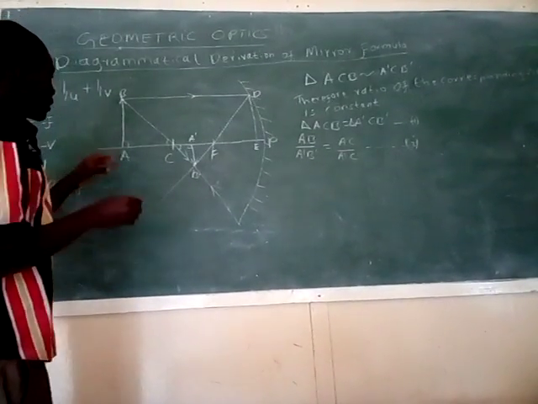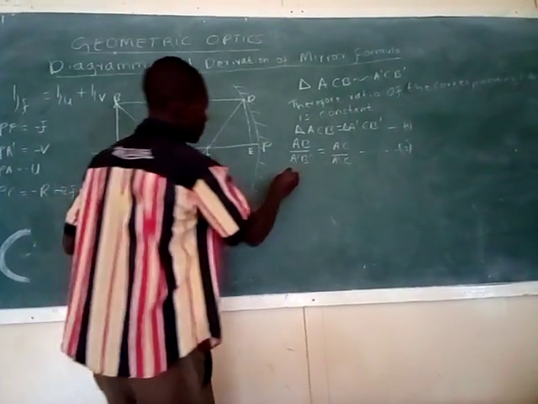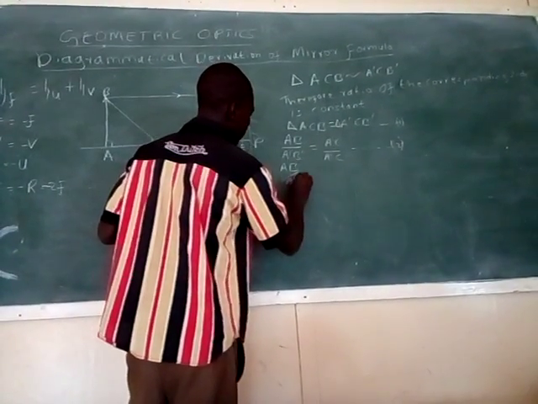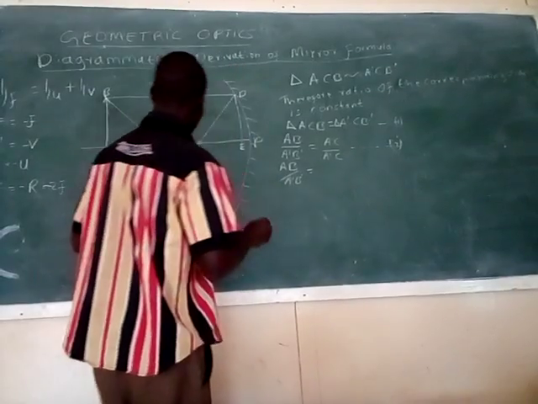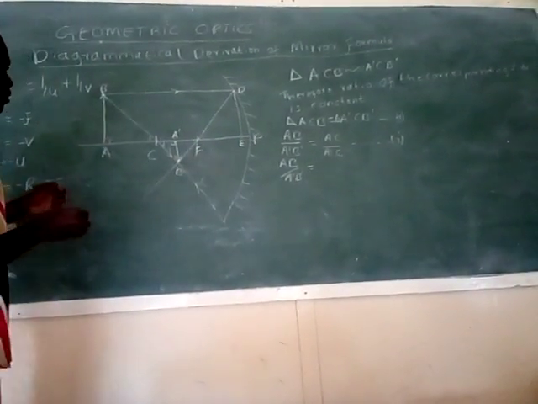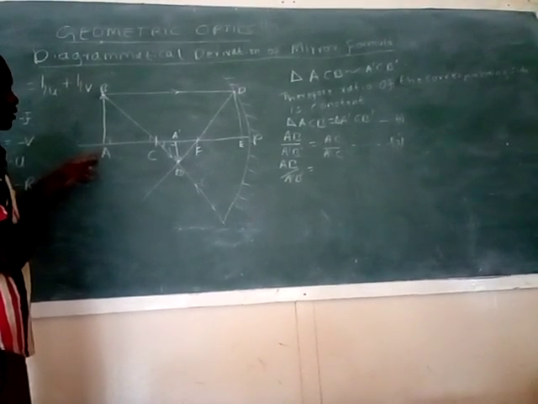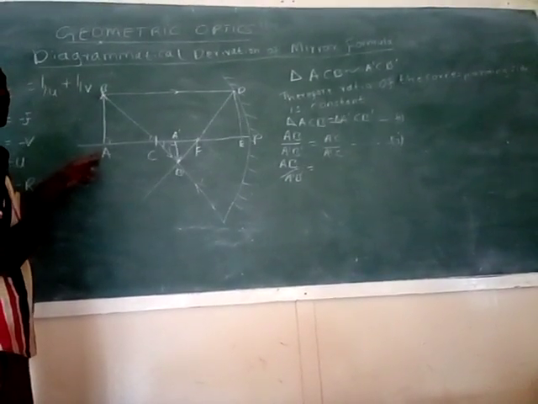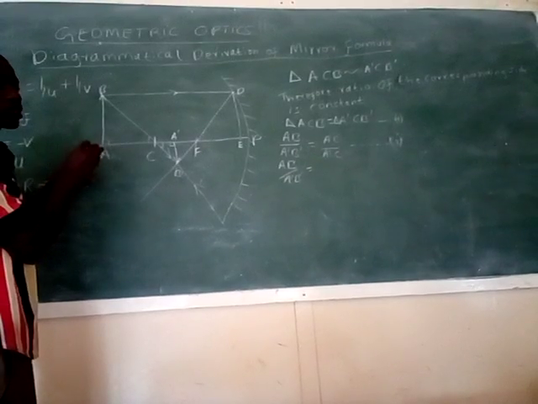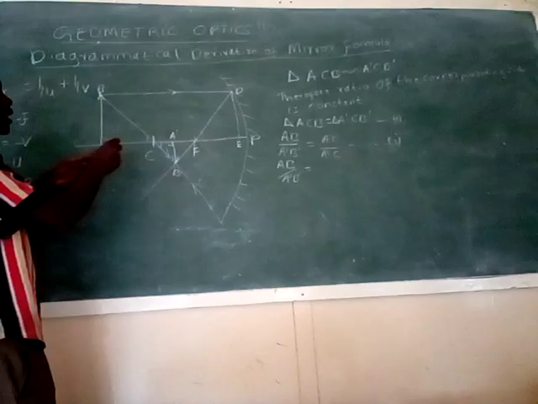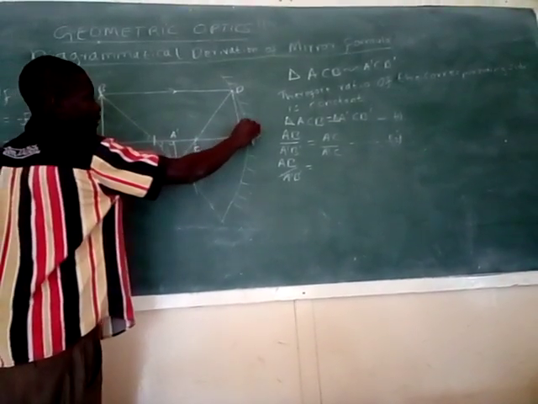Now we can substitute. So we have AB over A prime B prime equal to AC. Are you seeing AC? Can we get AC? When dealing with these concepts, what should be at your fingertips is that all distances are measured from the pole of the mirror.